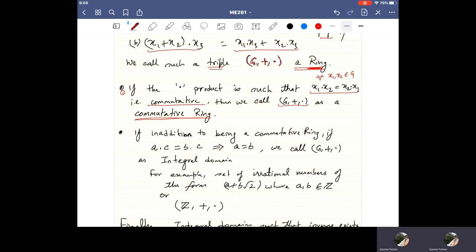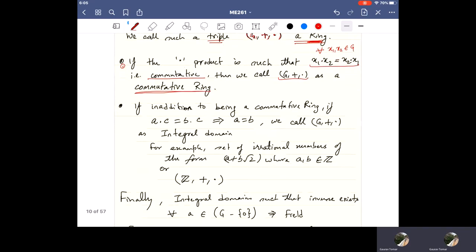In addition to being a commutative ring, if you have A dot C equal to B dot C, and it definitely means that once you have that relation, you can say A equals B, then we call such a structure an integral domain. Now suppose we were dealing with matrices. Clearly A multiplied by C may be equal to B into C, but it may not necessarily mean that A is equal to B, right?